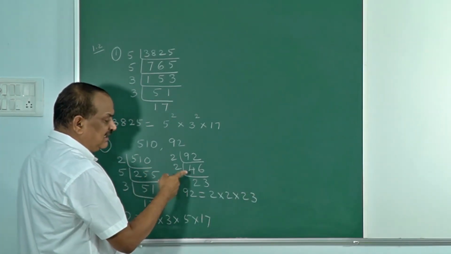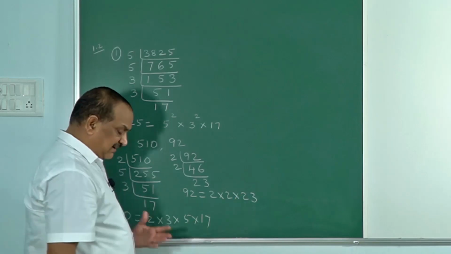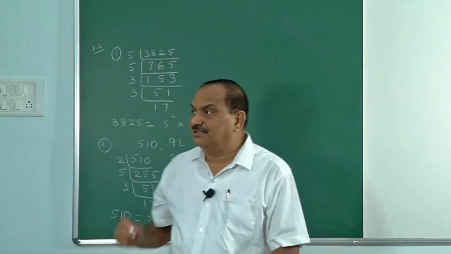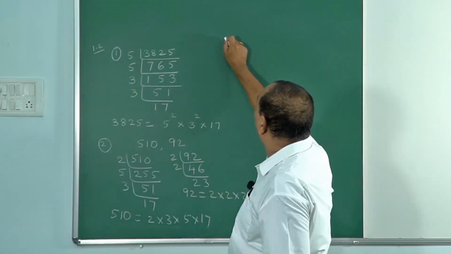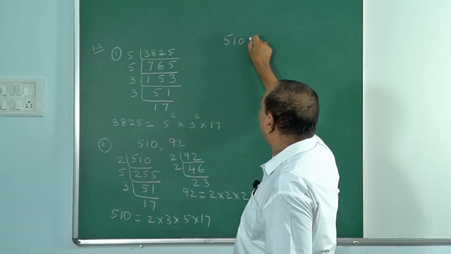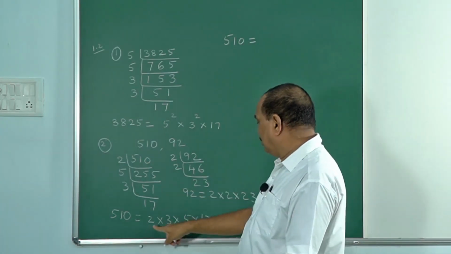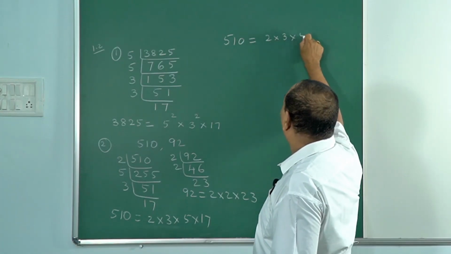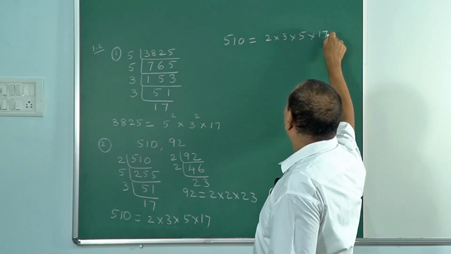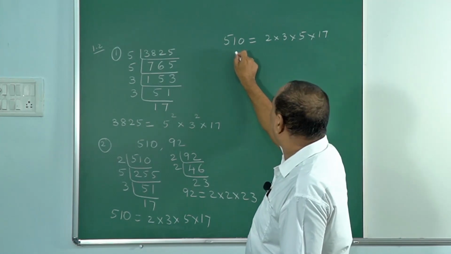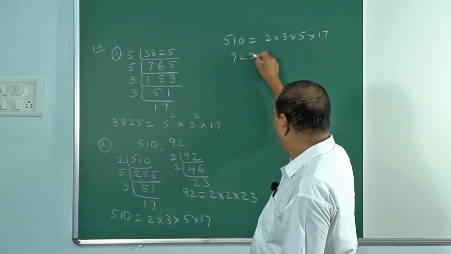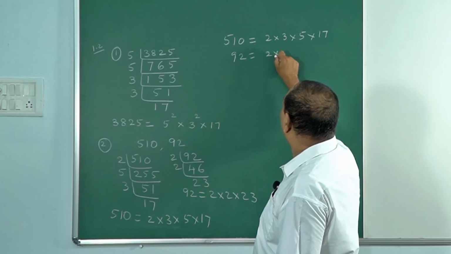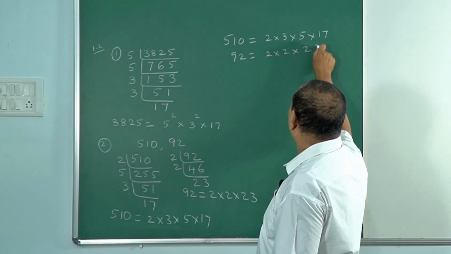Let me write this here: my 510 is 2 times 3 times 5 times 17, and the second number given to me, 92, is 2 times 2 times 23.